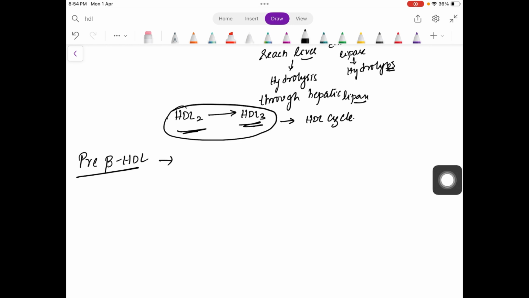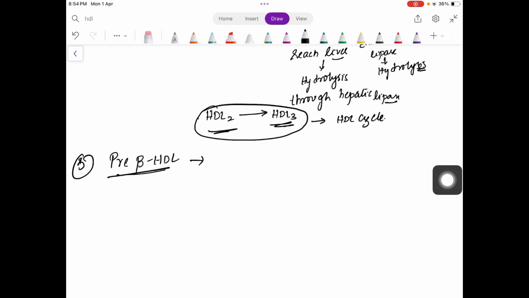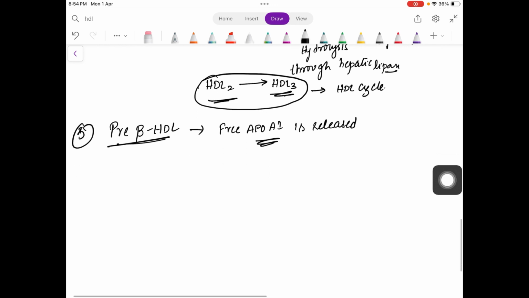Whenever HDL2 molecule is reaching the liver and it is donating all the cholesterol and triacylglycerols to the liver, then this HDL2 molecule will become a pre-beta HDL. How will it become a pre-beta HDL? In this pre-beta HDL, only free ApoA1 will be there. Only free ApoA1 is released, and this free ApoA1 has two fates.